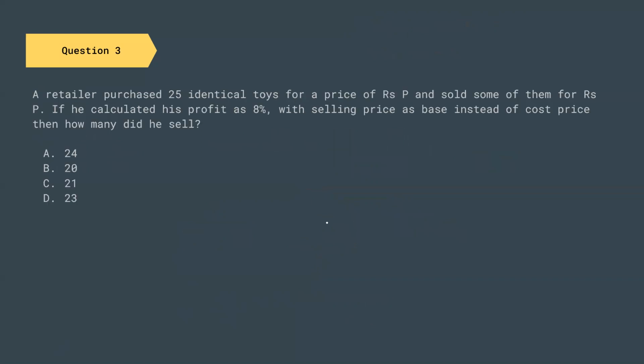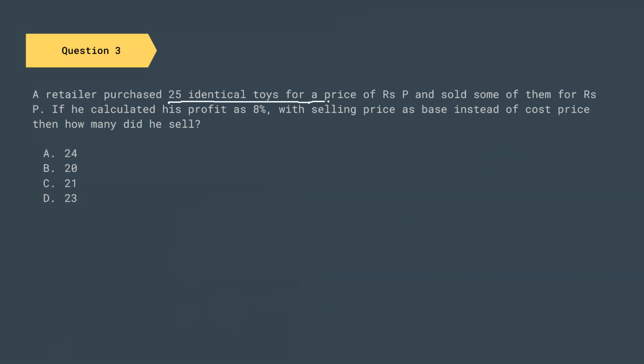A retailer purchase. I have selected this question because it is a little bit complicated to understand. The solution is easy, but the question is a little bit difficult to understand. So let us see what they are saying. Retailer purchased 25 identical toys for a price of P rupees.